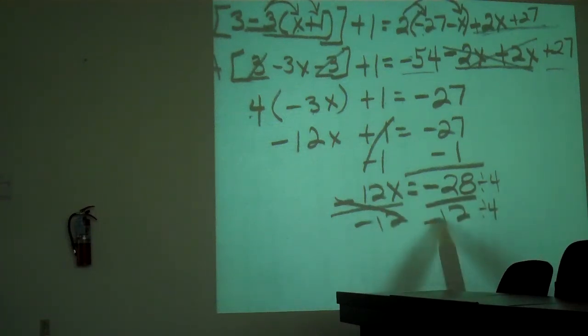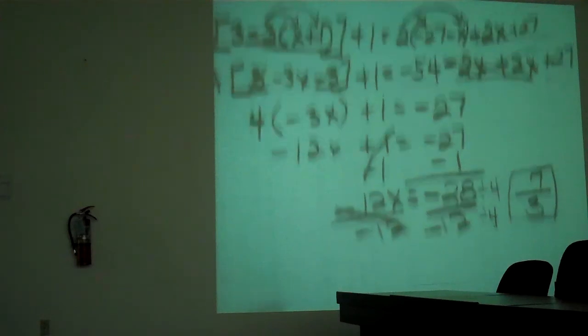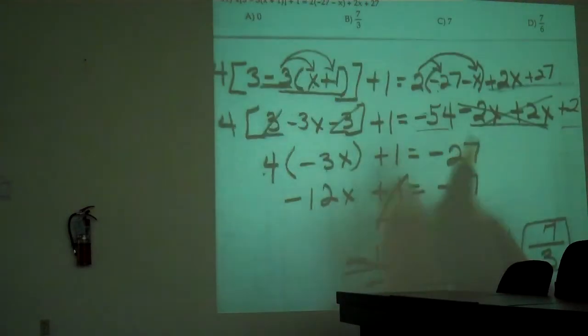Negative divided by negative is going to be a positive answer, isn't it? So let's make it positive. 28 divided by 4 is 7. 12 divided by 4 is 3. So 7/3 should be one of your answers, which it is.